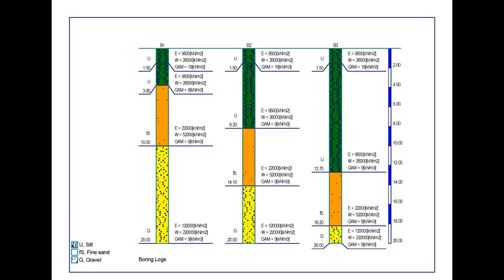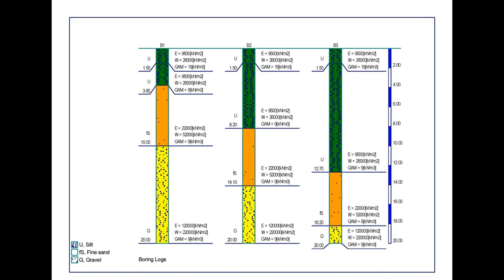For boring logs we have 3 different models here as shown in this figure. Each log has 3 layers of soil: silt, fine sand and gravel.